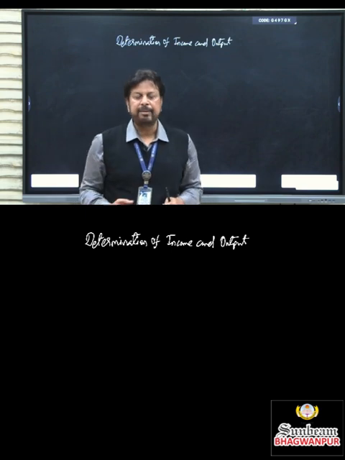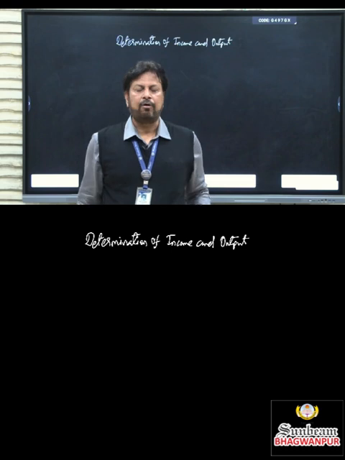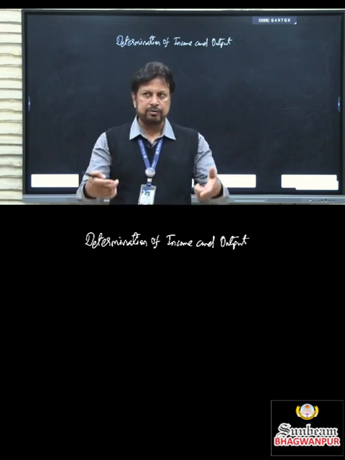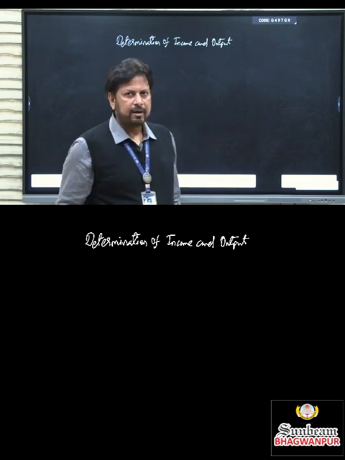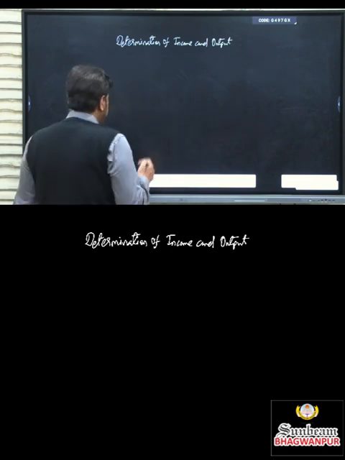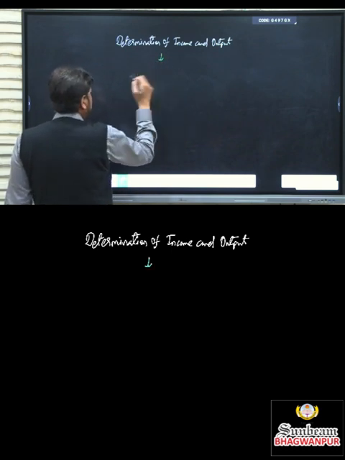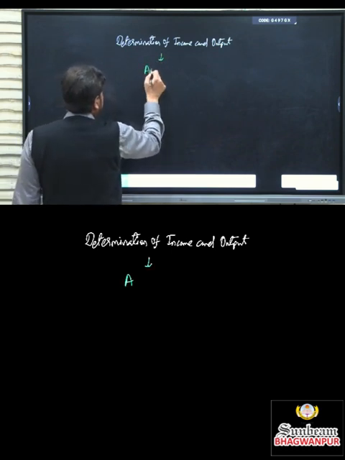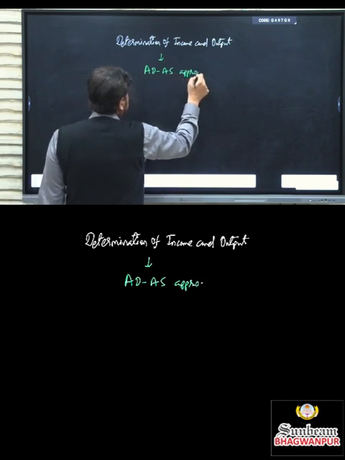A state of equilibrium means there is no tendency for national income to increase or decrease. The economy is going to be stable. How is this point going to be determined? For this purpose, there are basically two approaches. The first one is the AD-AS approach.